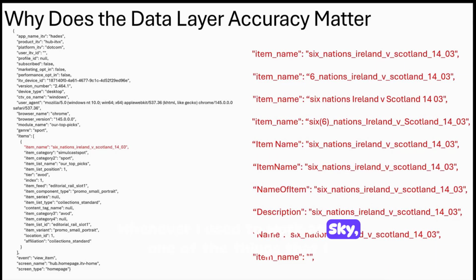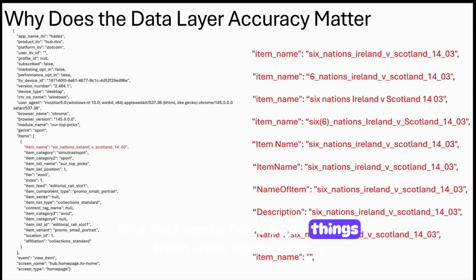Whenever I used to work at Sky, one of the things that I remember my managers telling me was at the time they had over six different ways of putting Sky One into the data. And that's just something as simple as Sky One. And on here, I have many different ways of how we could have captured Six Nations Ireland versus Scotland, 14th of March.